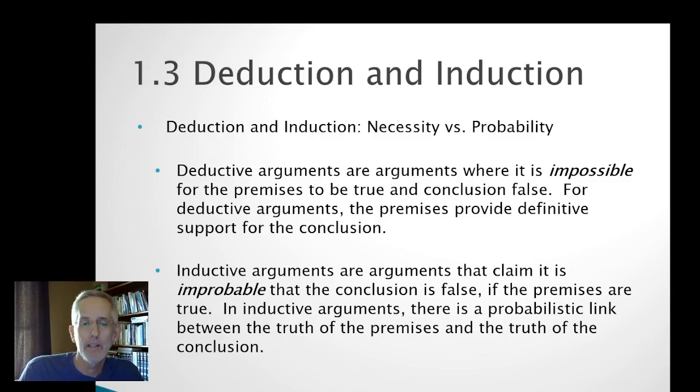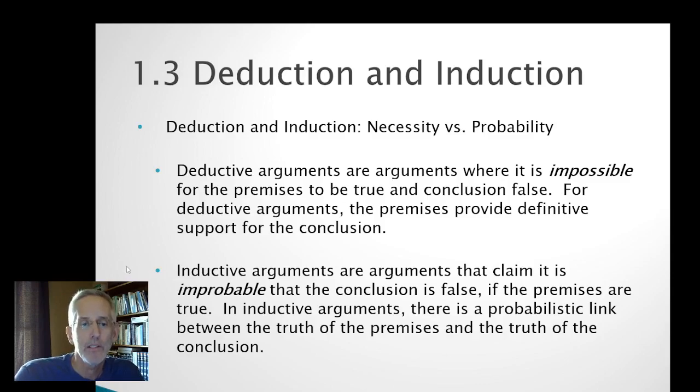You can never get complete certainty with an inductive kind of argument. So that's a pretty clear distinction. Deductive arguments, if constructed correctly, provide definitive support for the conclusion; it just couldn't go any other way. Inductive arguments, even if constructed as well as possible, can only provide highly probable support for the conclusion.